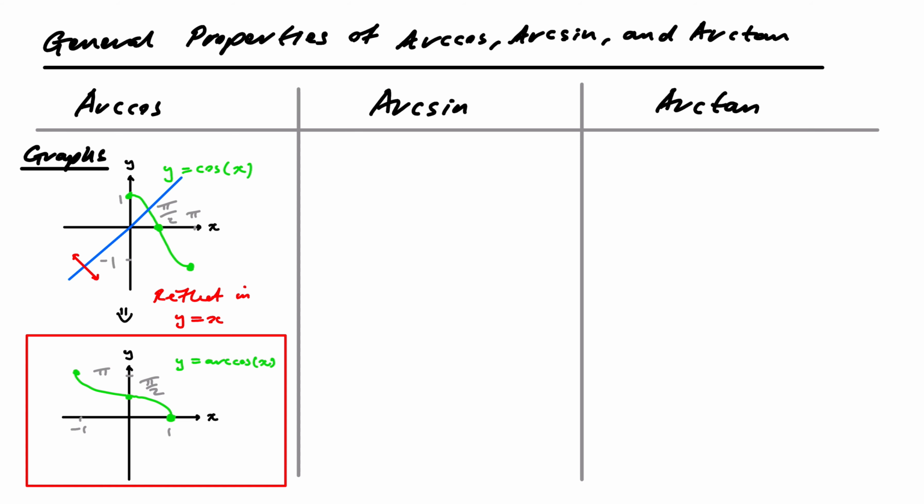So arc sine, the same basic story. So I'm going to steal the axes again. So what have we got?